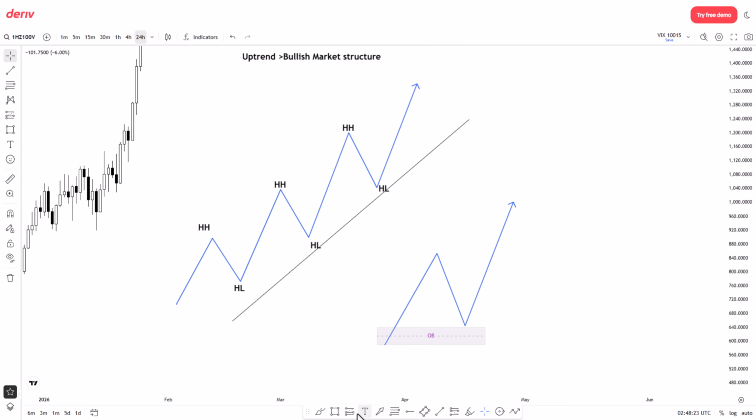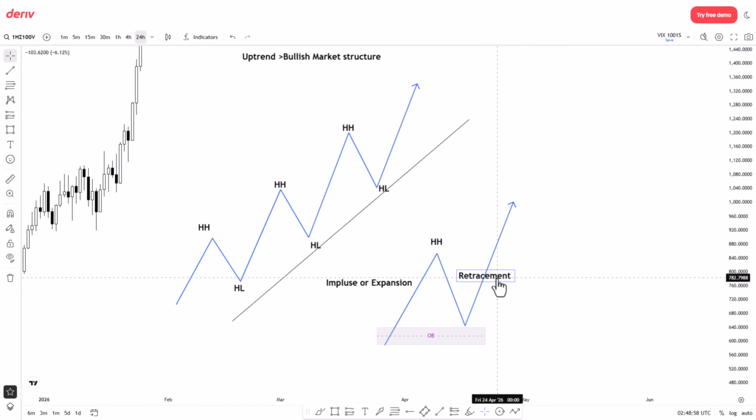So after every impulse or expansion move that gives us higher high, we're expecting to see what we call a retracement. So this is a retracement back into the range.